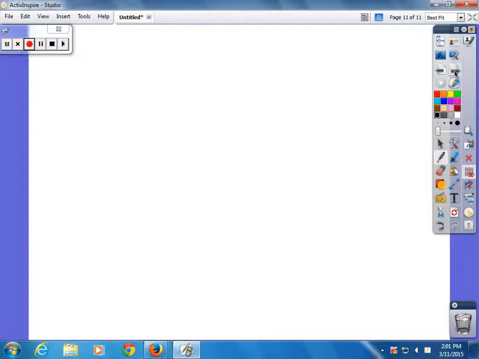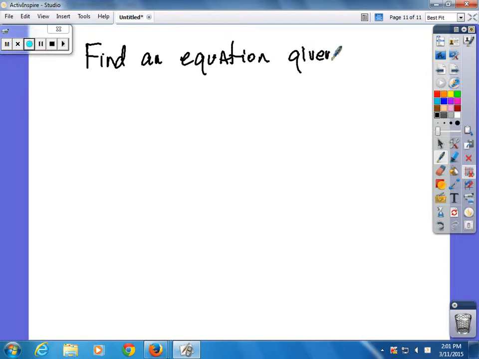So the first example of finding an equation is going to be like the first type. Find an equation given the following points.